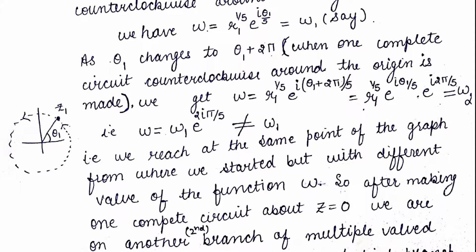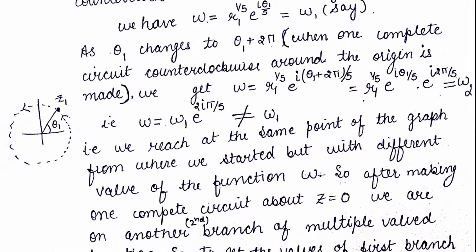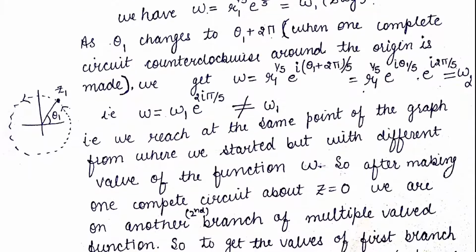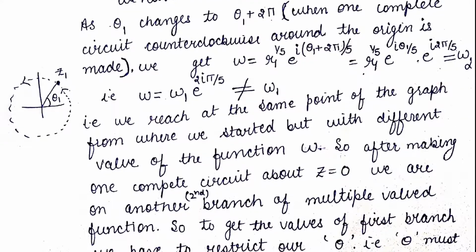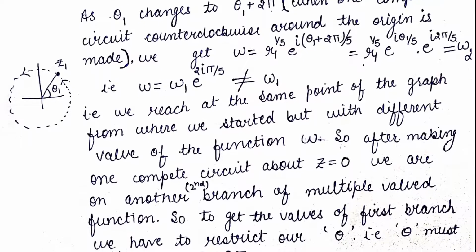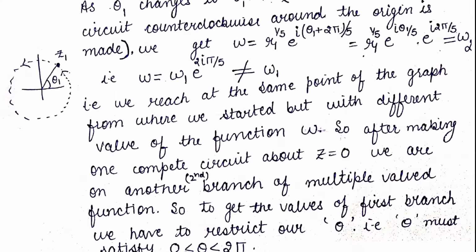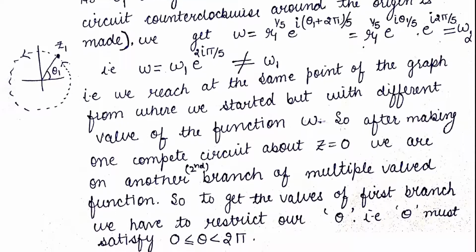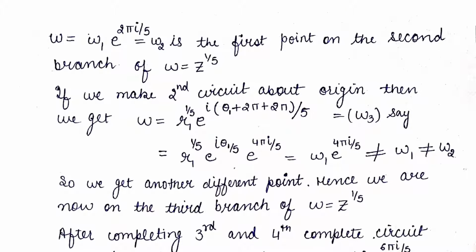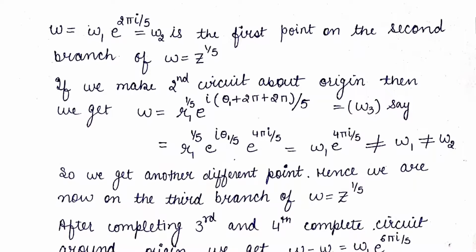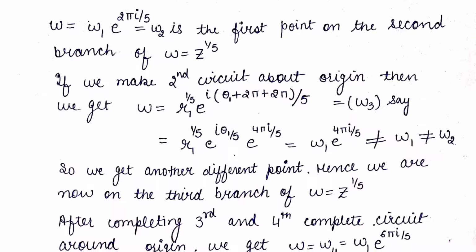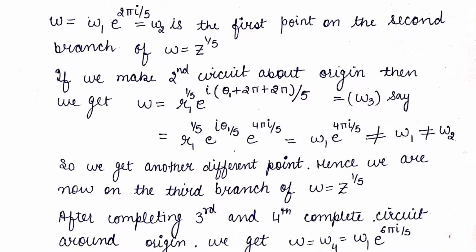That is, the argument of w changed by 2π/5. So w will take the new value, say w2, and this new value w2 is different from w1. That is, we are not reaching the same point after making a complete circuit around the origin.